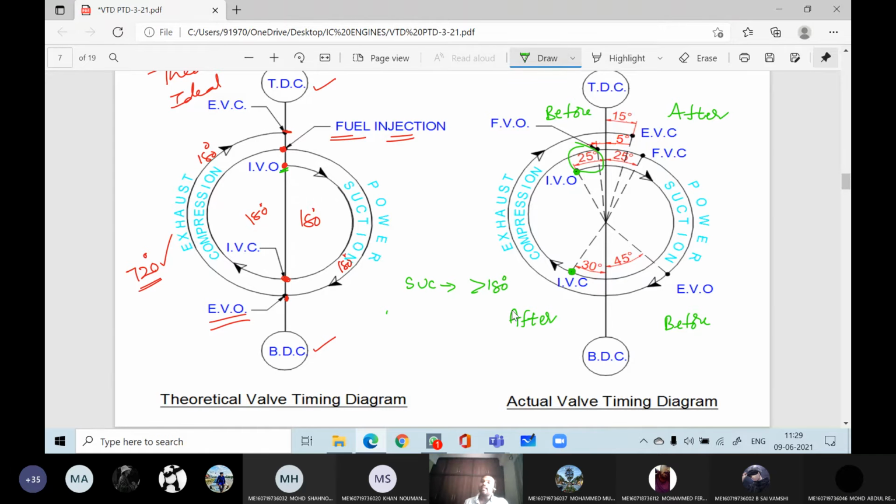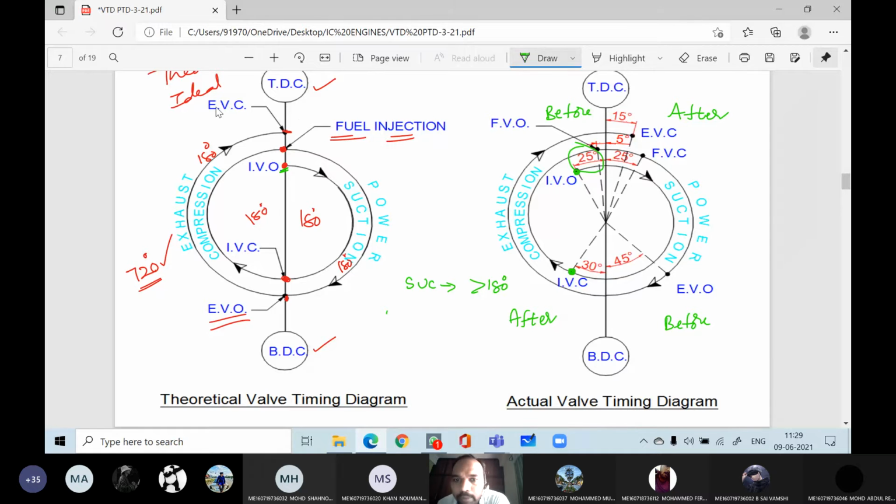The reason is this. If you recall the previous diagram, you can see the cam, push rods and rocker arms. Will the valves open instantaneously or gradually? They open gradually. They won't open at a time and won't close at a time. It's not like switches.